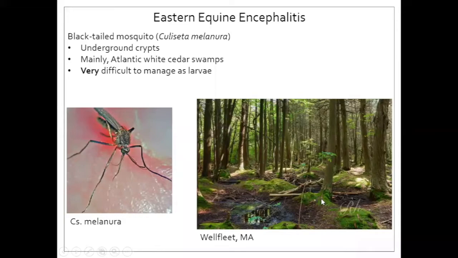And there's a little cavity underneath that tree, and that's where the mosquito will lay its eggs. So it's almost like a protected bubble-like environment where the mosquito larvae develop underneath that tree. So that makes this mosquito very, very difficult to manage. You can't just go into this environment and spray around and expect to control those mosquitoes because they're going to be underneath the ground, underneath that tree.